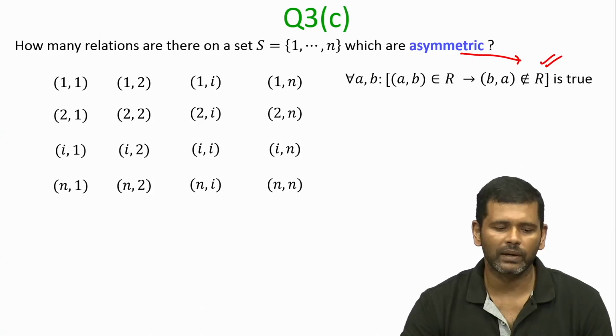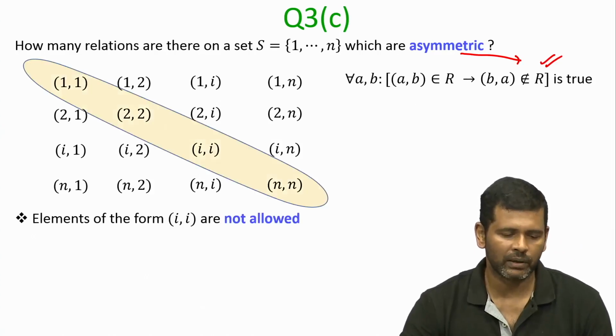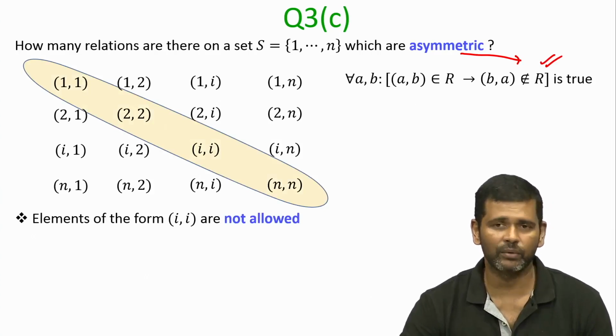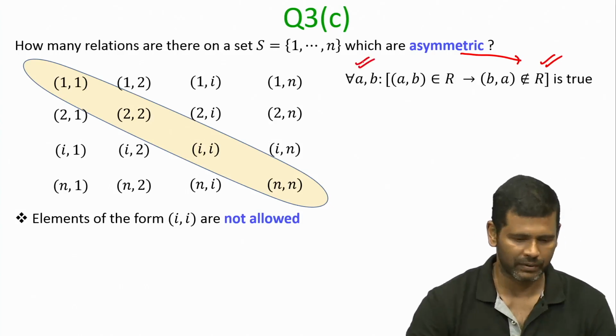It is fine if none of them is there in your relation R. So again, I do the same thing here. I consider n square ordered pairs and see in how many ways I can select a subset of these n square ordered pairs and still satisfy this universal quantification.